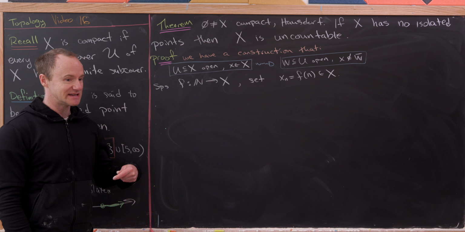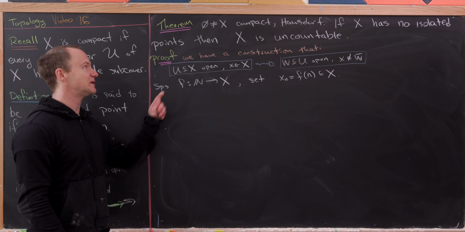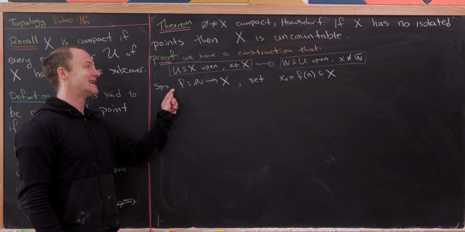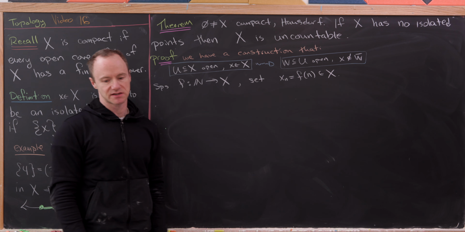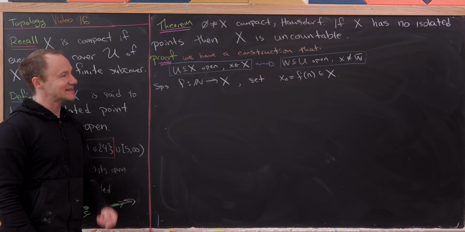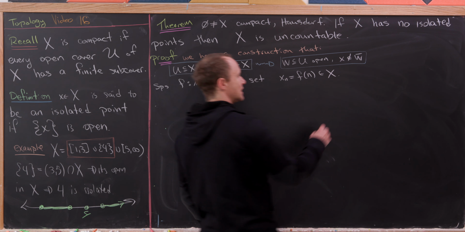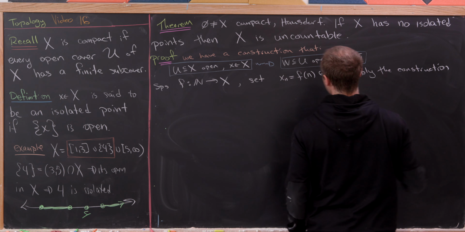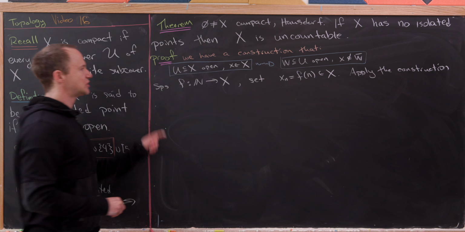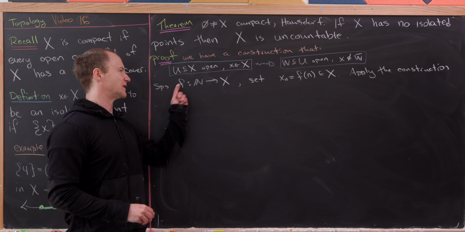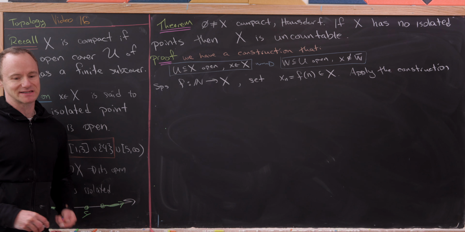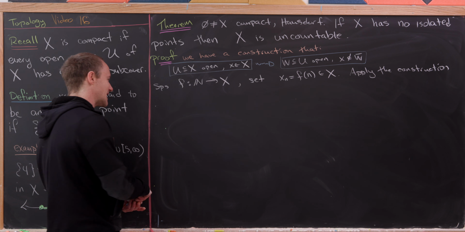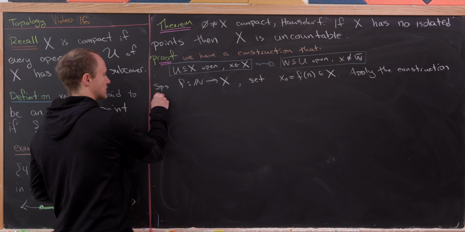But if X is indeed uncountable, we should be able to prove that this function is necessarily not surjective. And that's exactly what we're going to do, by applying the construction iteratively to some things built out of these points x sub n. Maybe we'll lay this out in a chart right here.